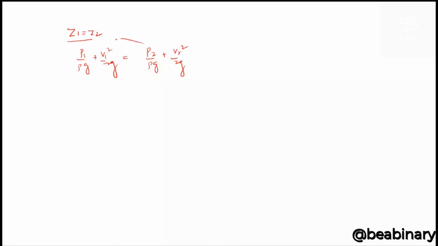So from this equation, moving this term from the left hand side and this term from the right hand side, we can write P1 minus P2 by rho g is equal to V2 square by 2g minus V1 square by 2g. Okay.